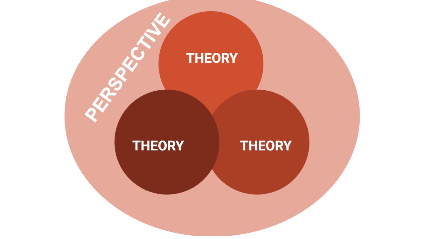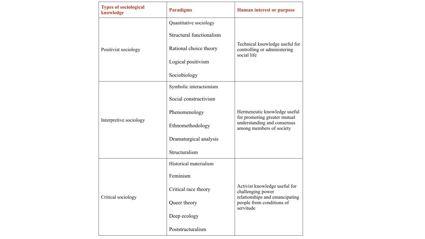So we'll look at three different perspectives. And let's see, I have Little's list here. So this is also from your online reading. Little identifies three perspectives, which are the first column here. Positivist sociology is one perspective, interpretive sociology is another, and critical sociology is a third.